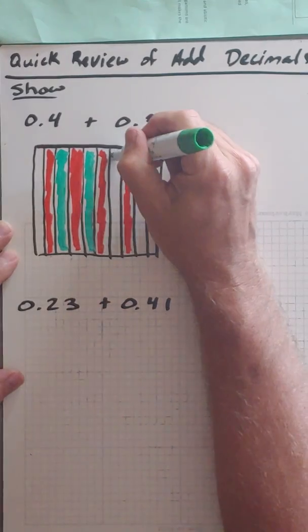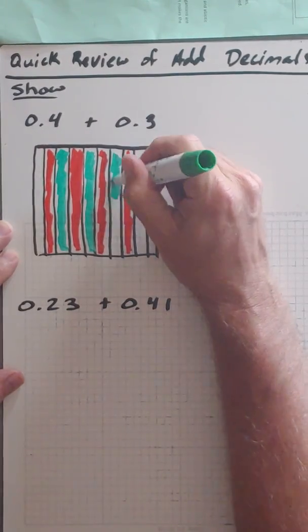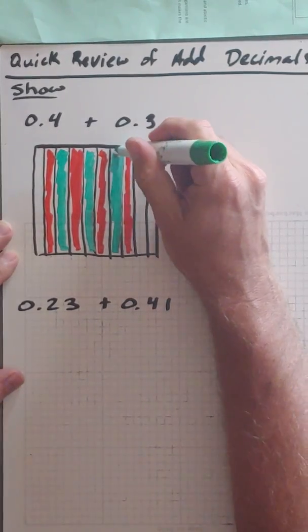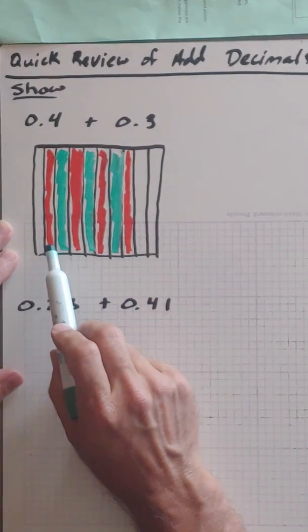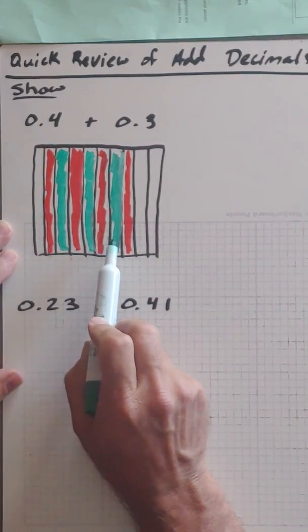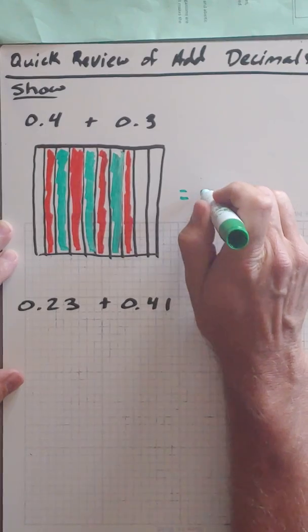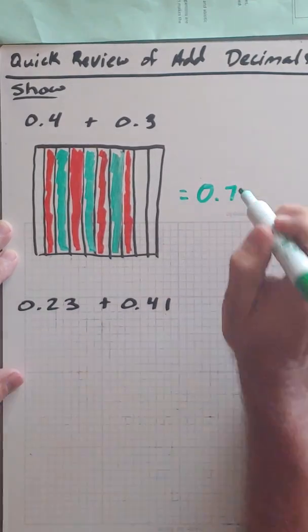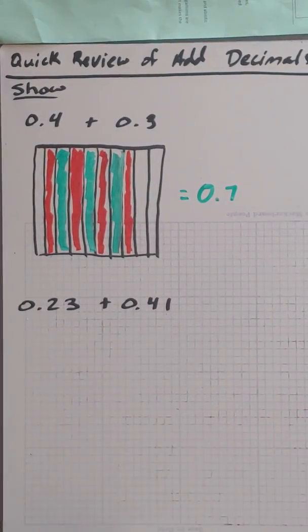We only need to draw 2 different boxes if we have 2 different size pieces. So what I'm left with then is 1, 2, 3, 4, 5, 6, 7 out of a total of 10. So that's 7 tenths like that. Okay, so that's how we do just a pretty basic decimal problem where I'm dealing with tenths.